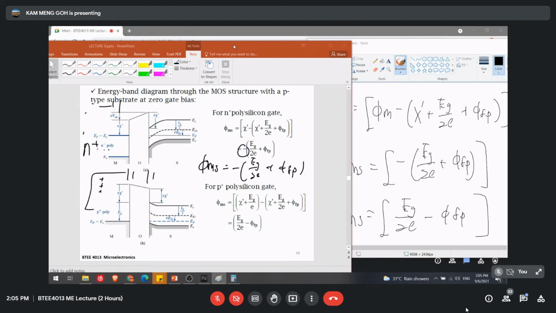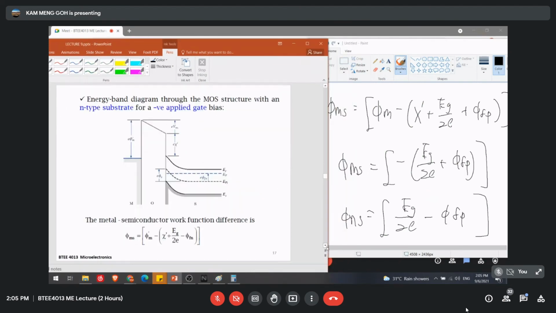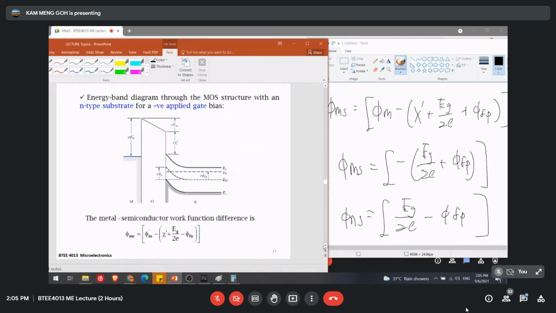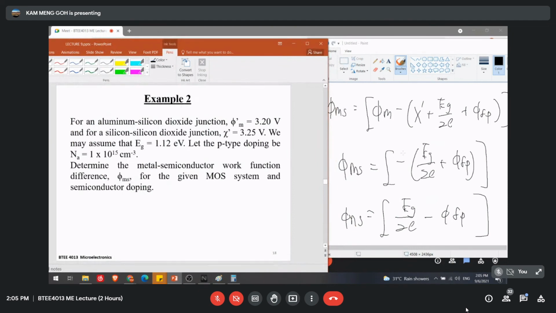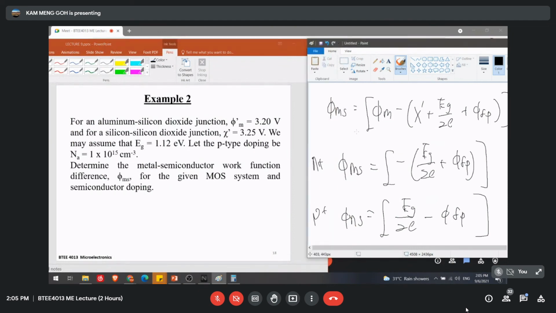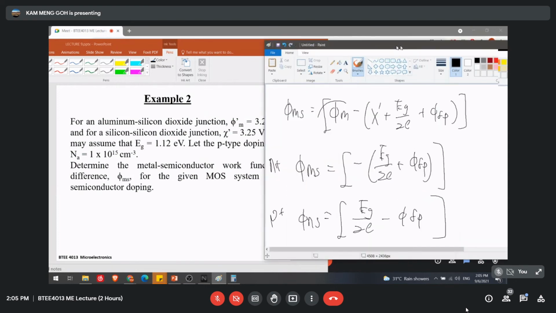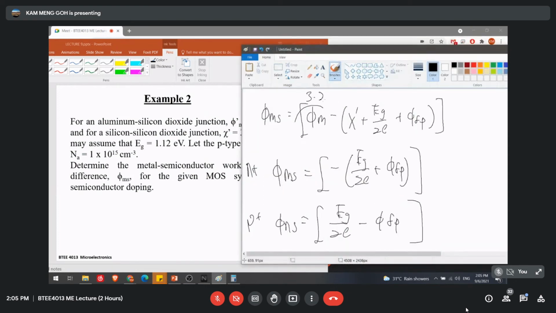But in some cases, for example, just now what we did was the P plus or the M plus. In some cases, it doesn't state whether it's M plus or P plus, but it gives you this delta M. Just like this case, it gives you 3.2. So if it didn't mention anything, you should use the 3.2 and deduct all this.